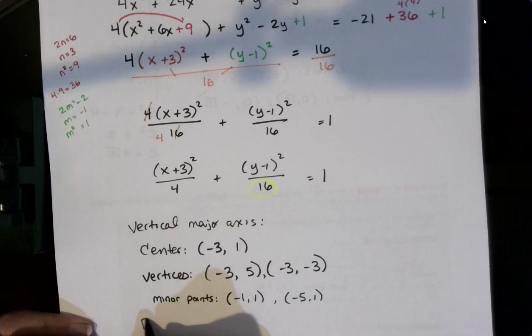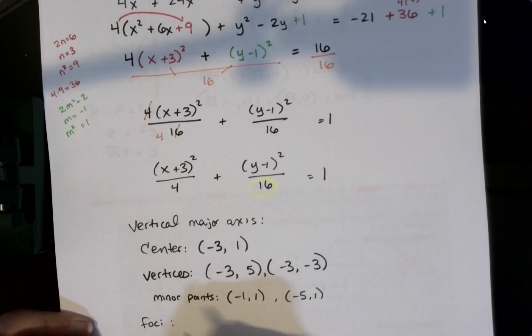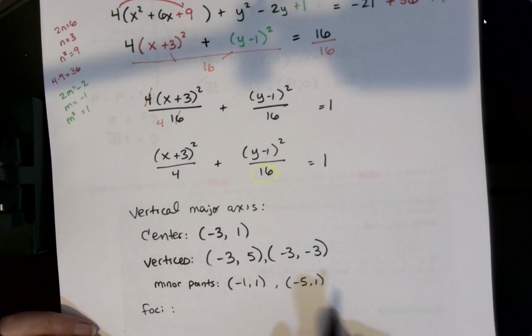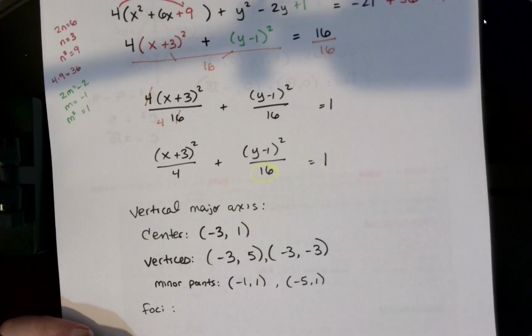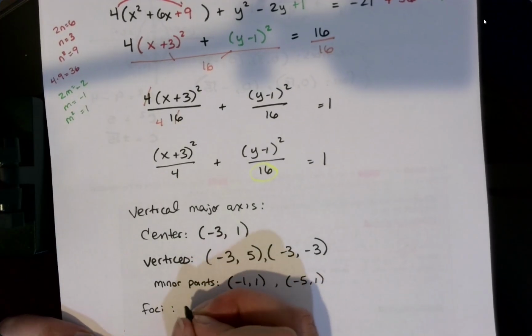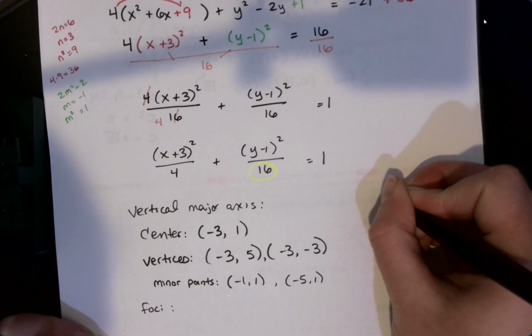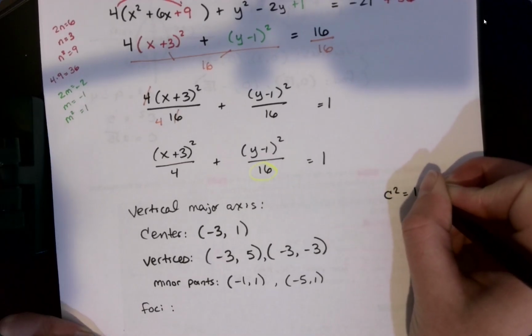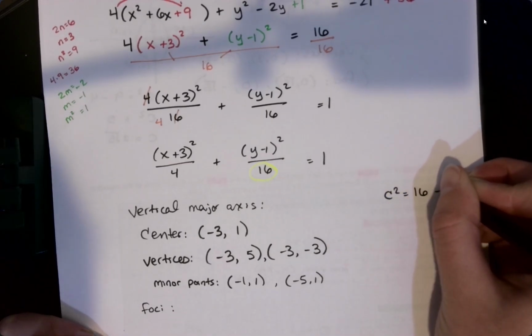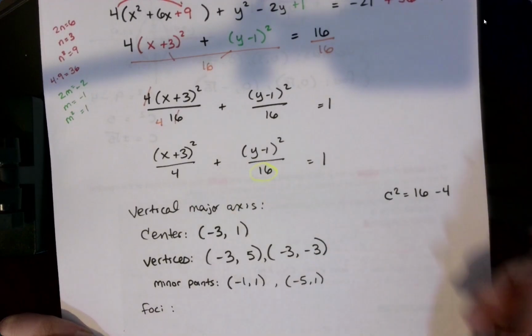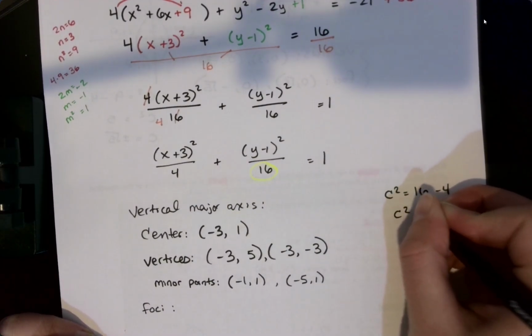And then I can get the foci. I could have gotten those at any point. I just wanted to get these. They match most closely to vertices. They're not called that, though. So my foci, I better find c. So c squared equals 16 minus 4, a squared minus b squared, which is 12.